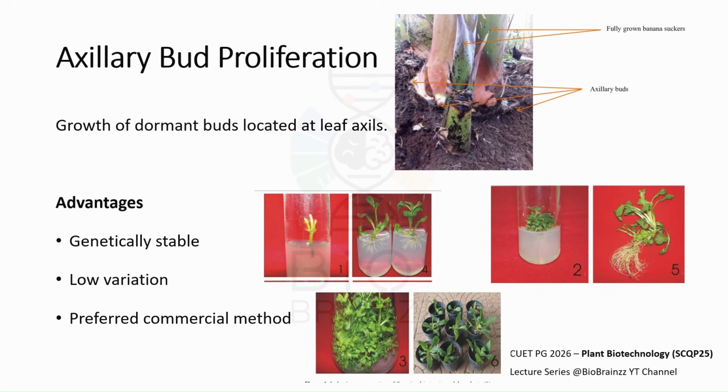For this reason, axillary bud is the preferred method for commercial micropropagation. It is widely used in crops like banana and many ornamentals. In CUET-PG, if the question mentions commercially preferred micropropagation techniques with low variation, the answer is axillary bud.